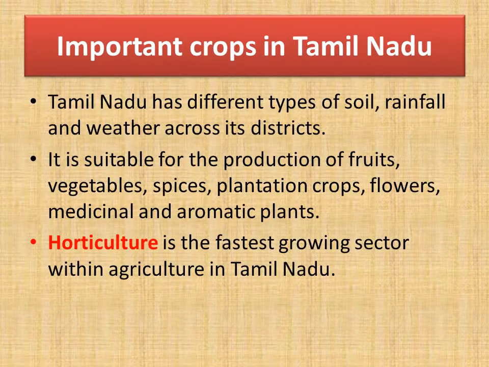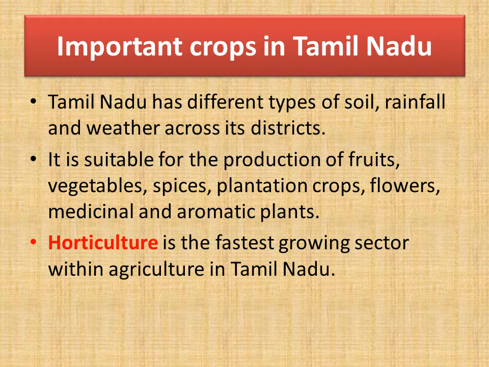Dear children, Tamil Nadu has different types of soil, rainfall and weather across its districts. At one end you can find the hill stations like Ooty, Kodaikanal, and you can find dry areas also.